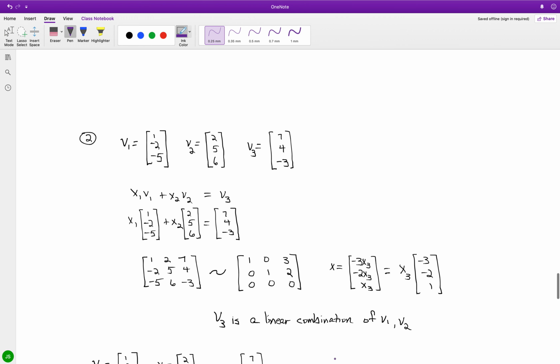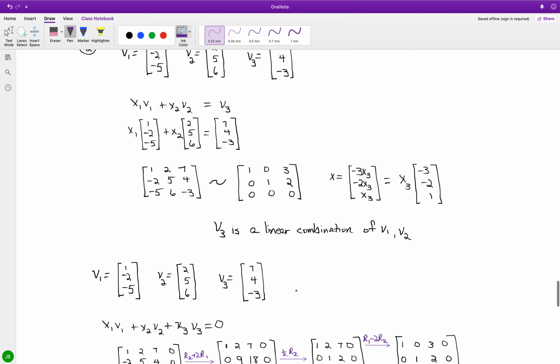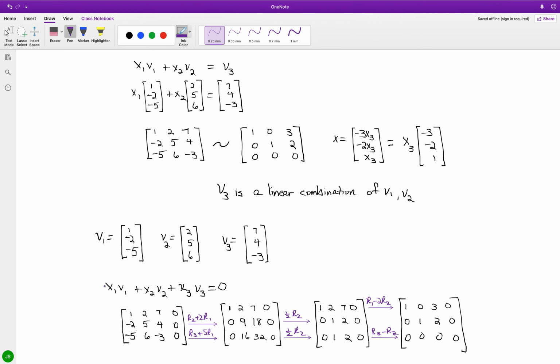And in this particular case, again, v3 is a linear combination of v1 and v2. But let's say that I combine all three vectors, and we have Ax equals 0, so just combining all of these and setting equal to 0.